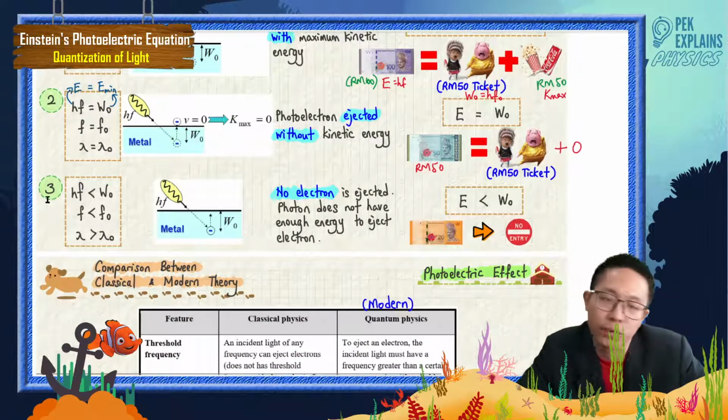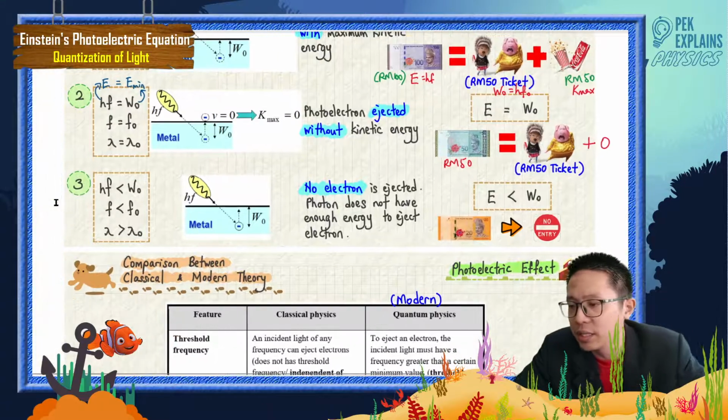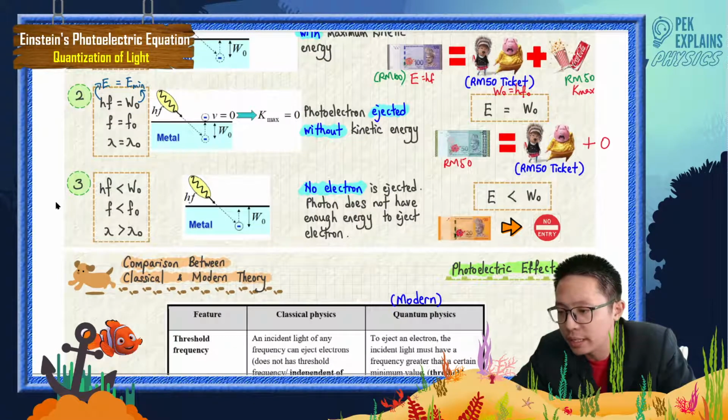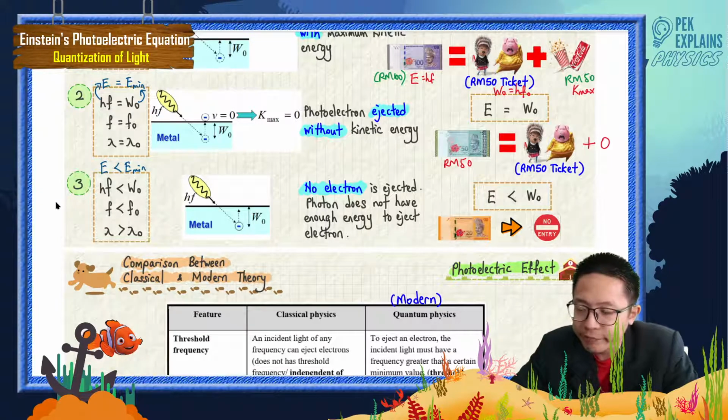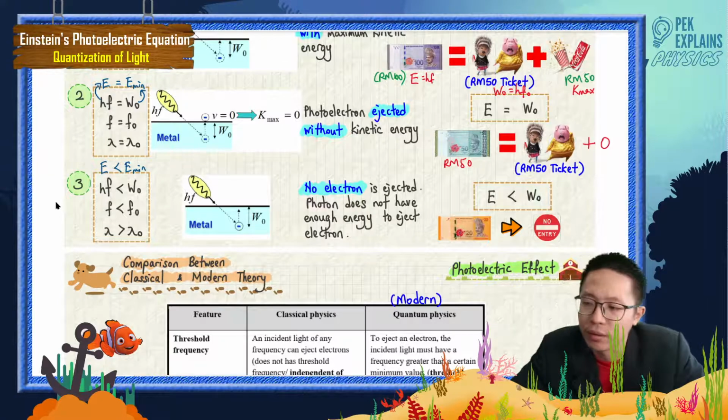Now for the third one, if the incident energy is less than the minimum energy required, or less than what we call the work function, less than the binding energy, very small energy.